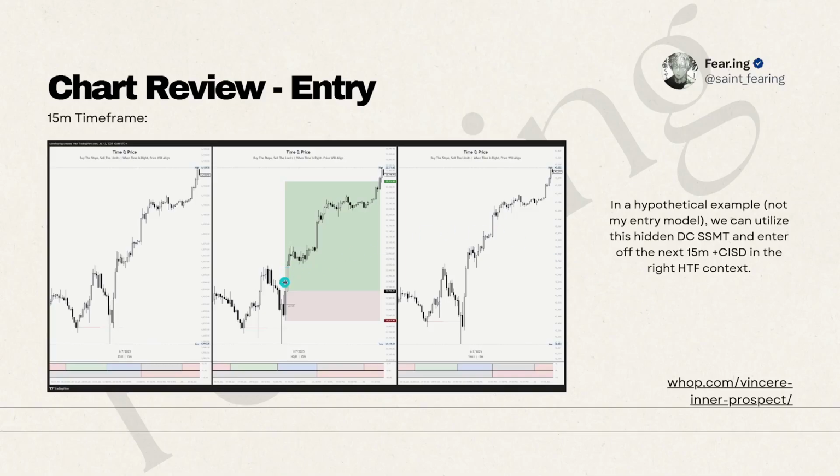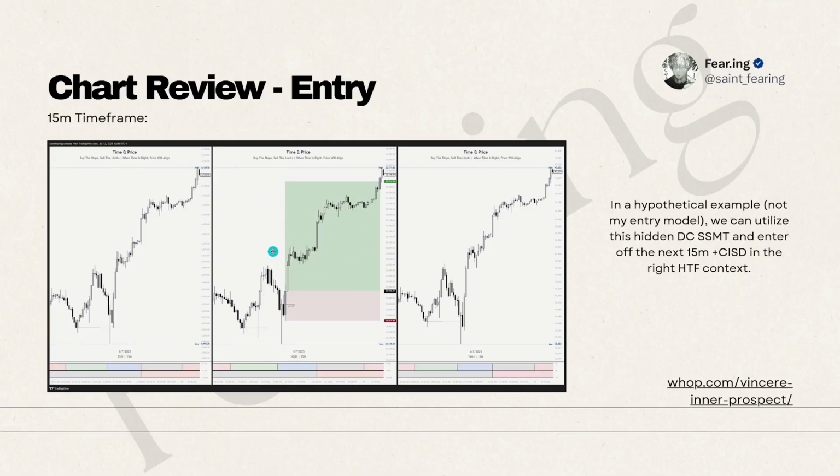In this example, I just showed that the first CISD that we get after having that hidden sequential SMT could have been a valid CISD, and that, as we can see, expanded up, and you can't see it on the chart, but we were targeting an external time-based high, which I believe at this time was the all-time high. But nonetheless, as we know, if we were targeting all-time high, we know that price is extremely bullish. We're in a high time frame market maker buy model, so we're completely focused on longs.